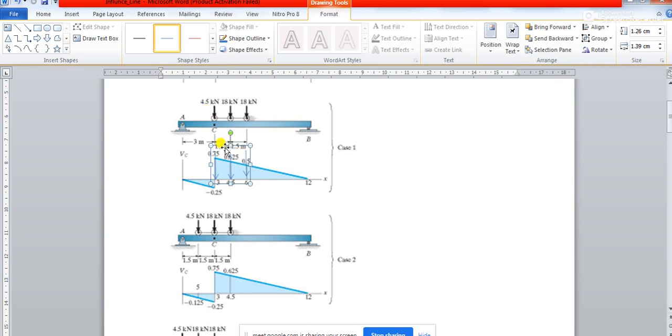Now when these three loads move together, what will happen? The first load will move by 1.5 meter, and the second load will come over here, isn't it? When this position happens, you see what is happening.